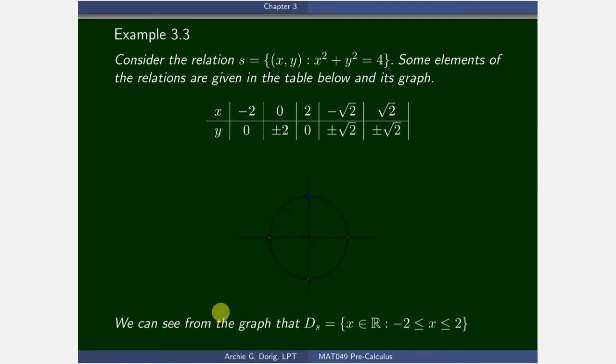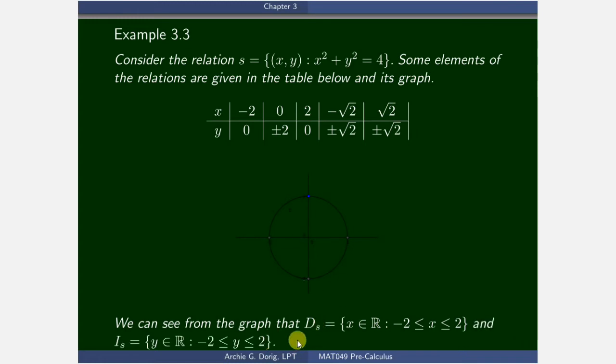We can see in the graph that the domain of the relation S is the set of all x in the real numbers such that x is between -2 and positive 2, because x lies on the x-axis and x is an element of the real numbers.